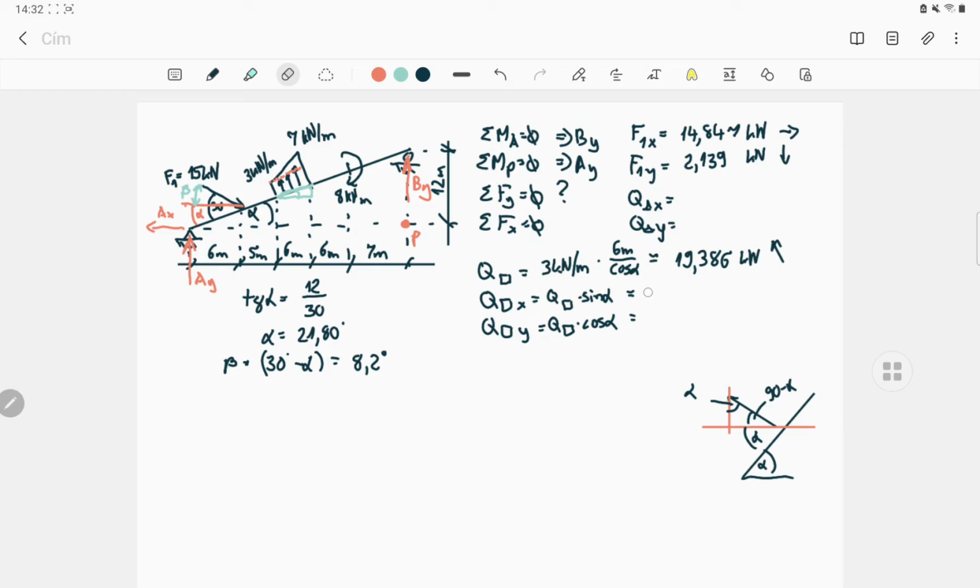So in shorter way, this is 3 times 6 times tangent alpha. And the y component, just check this one, here is cosinus, so 3 times 6 over cosinus times cosinus. So the cosinus disappeared. So this is simple, 3 times 6. So this will be 18 kilonewton.